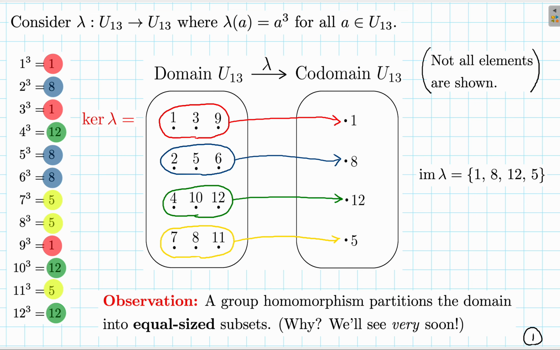What is a big deal is that those subsets are equal-sized. So in our example here, they each contain 3 elements, as opposed to, say, 4 here, 2 there, 1 here, and 5 there. The fact that those subsets are equal-sized, that's a big deal. And one of the goals of today's lesson is to finally understand why that's true.